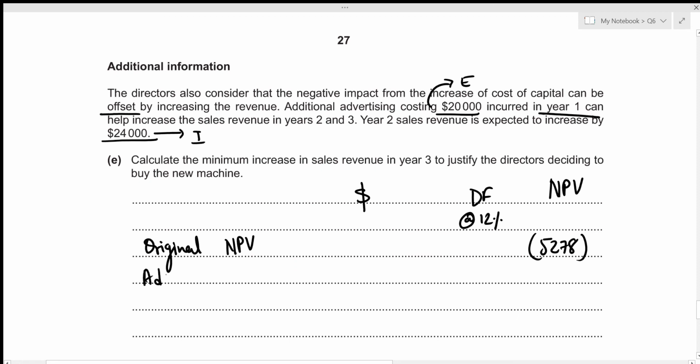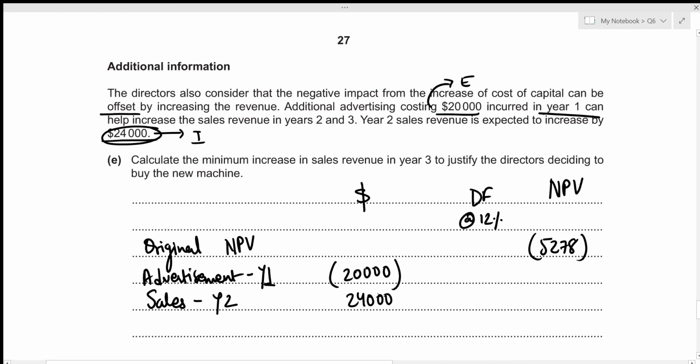So advertisement, this is year 1, this resulted in 20,000. And since this is an expense, we will record this in a bracket. And we are also told that the year 2 sales revenue is expected to increase by 24,000. So this is an additional increment for year 2. Sales year 2, that's 24,000. And since this is an income, this should be recorded as a positive amount.